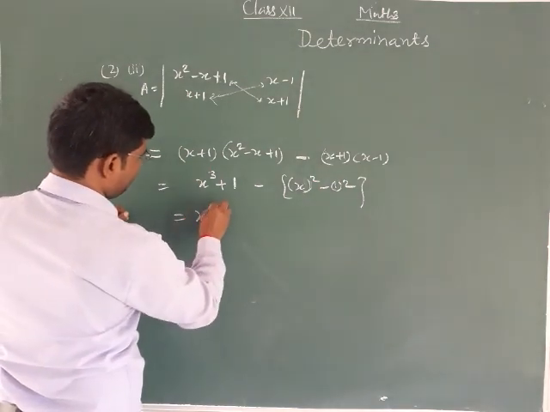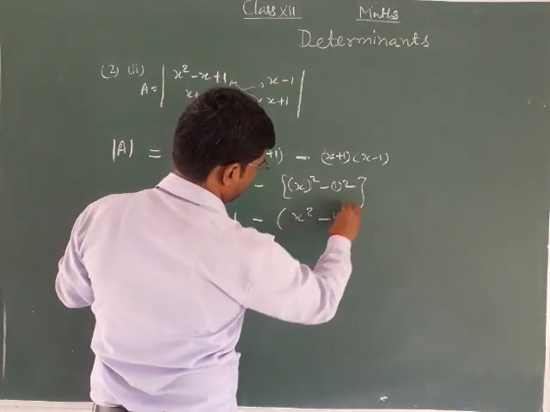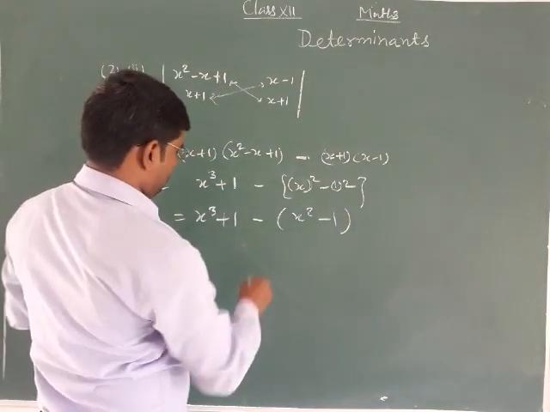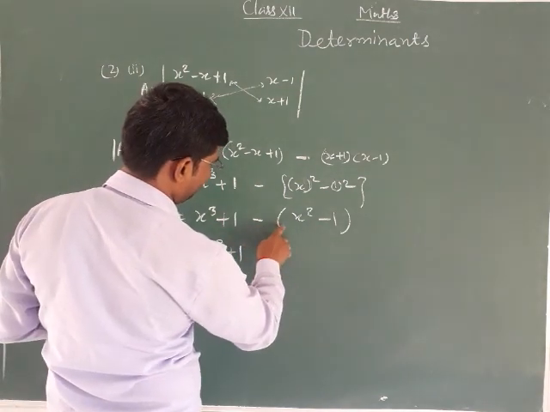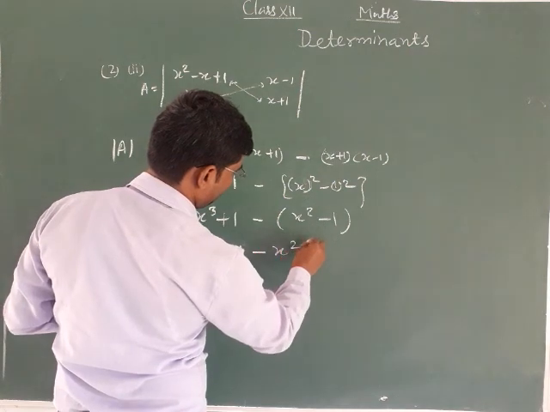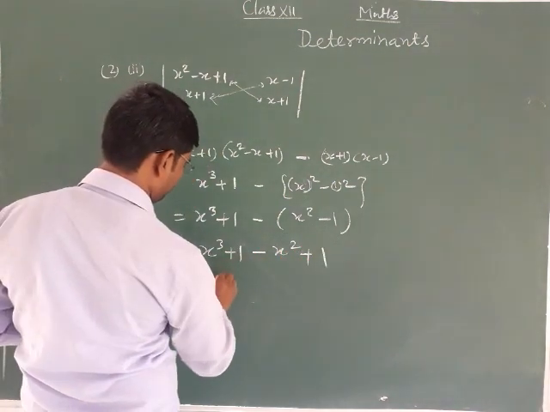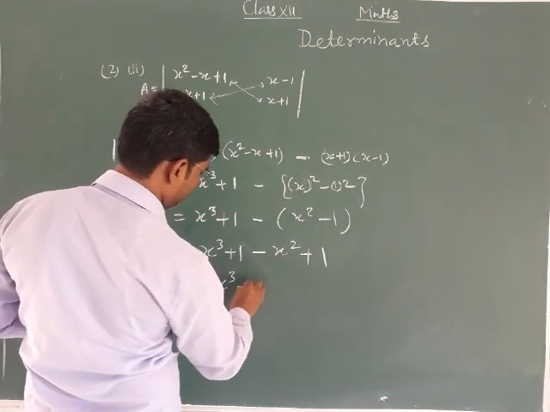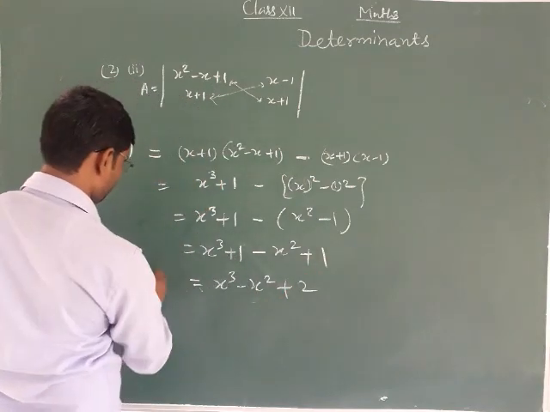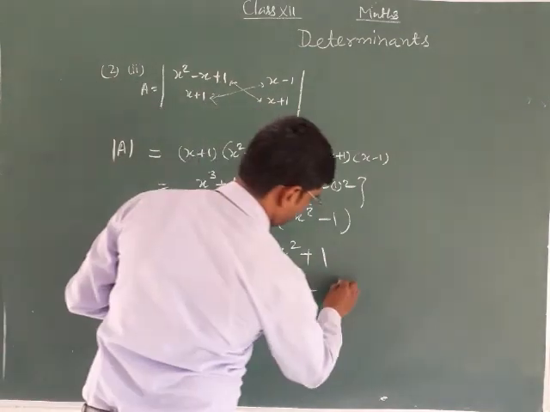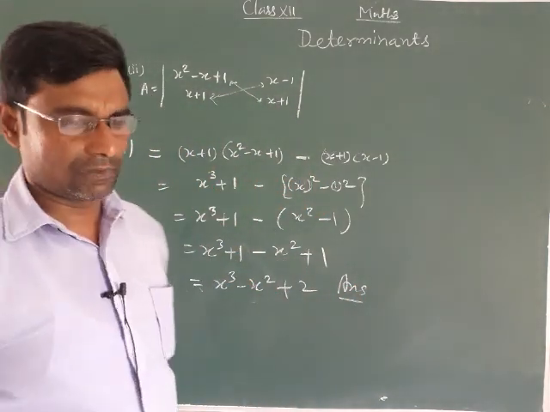So x cube plus 1 minus x square minus 1, that is x cube plus 1 minus x square plus 1, which is x cube minus x square plus 2. So the determinant of A is this. That's all. Thank you.